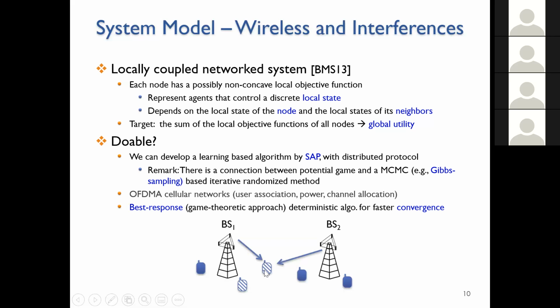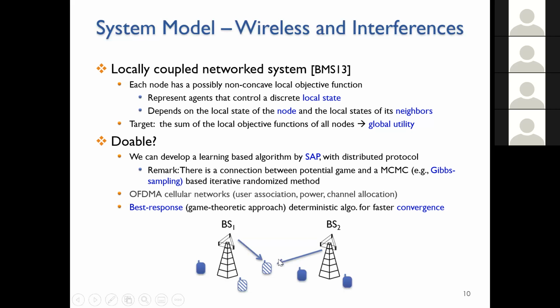So you see that the performance of these devices of base station 1 is a function of the local state of this node and the local state of all the other neighboring nodes, as long as they influence this user through signal propagation.